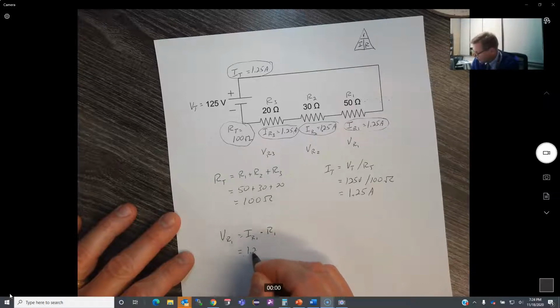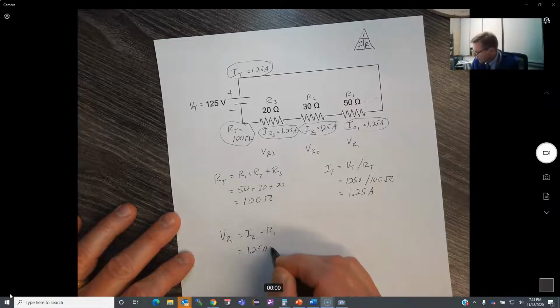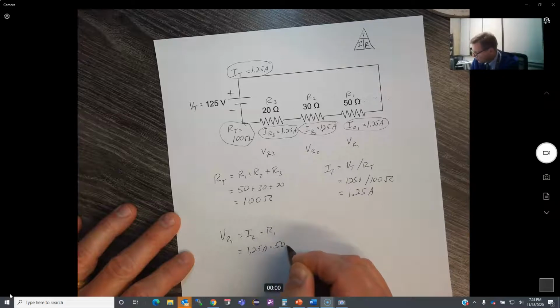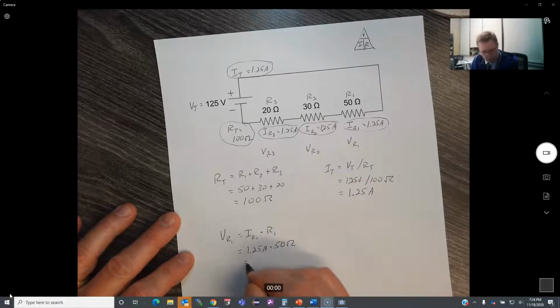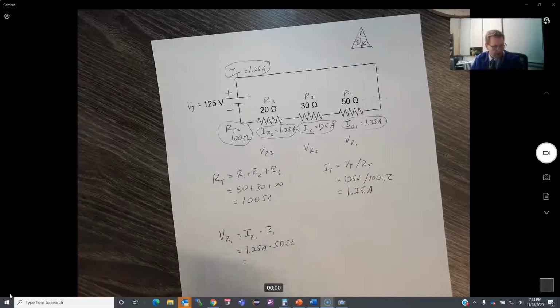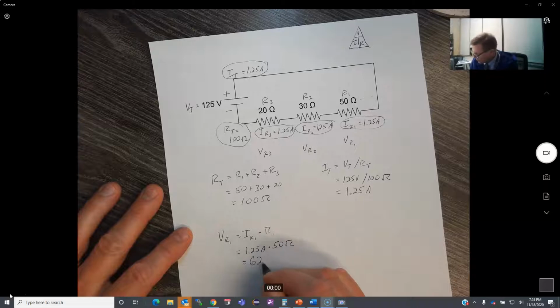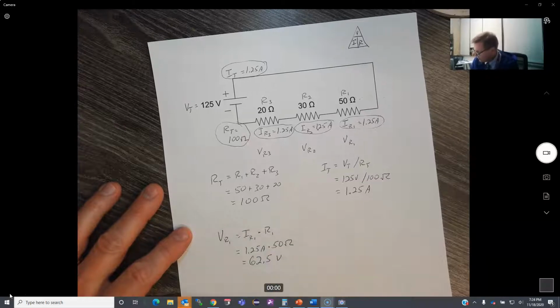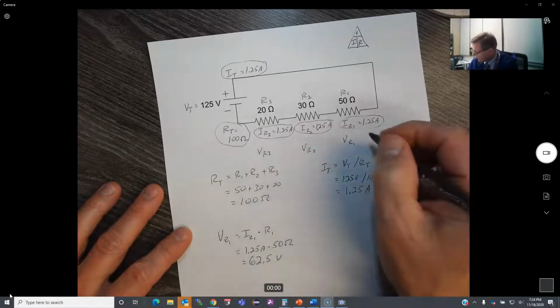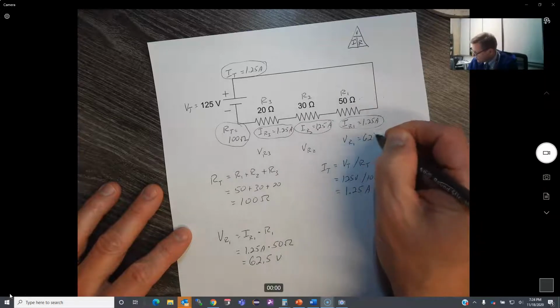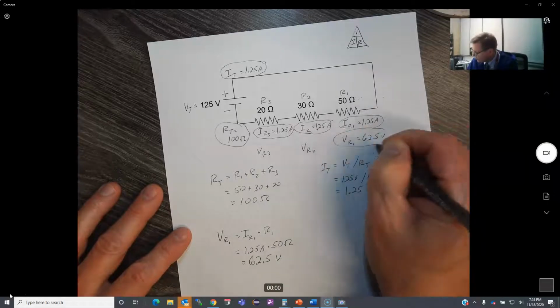We said it's 1.25 amps, and R1 is 50 ohms. So when I multiply those together, I'm going to get a voltage of 62.5 volts. So this guy right here is 62.5 volts. He's been solved.